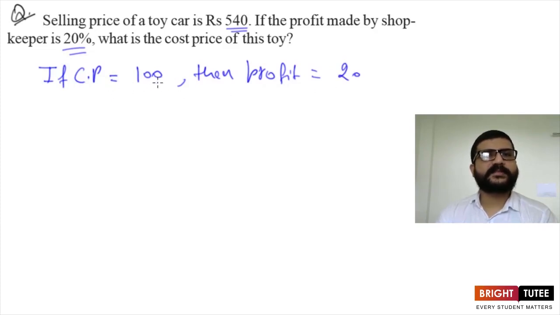Over 100 rupees of CP, profit is rupees 20. This is what we mean by 20% profit. Now, what we have to find here? We have to find the cost price. How can we do that?